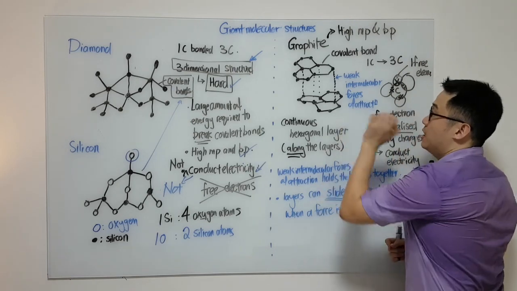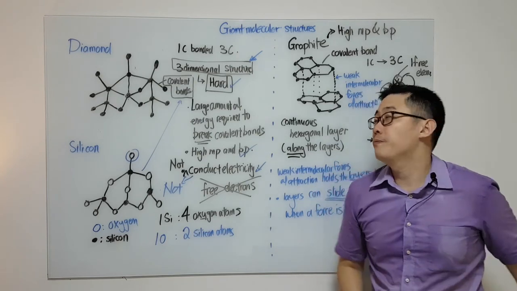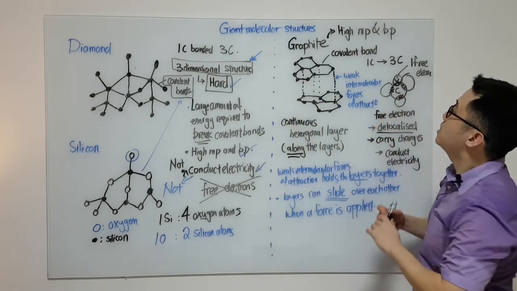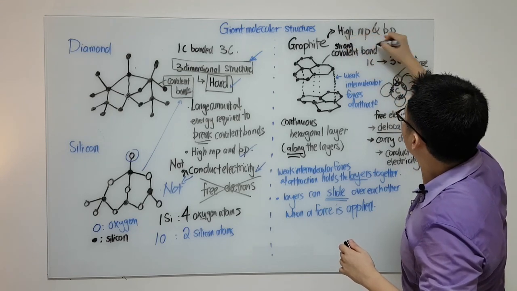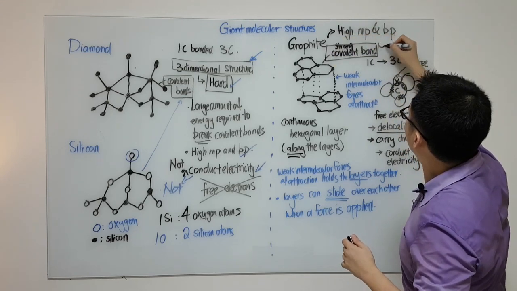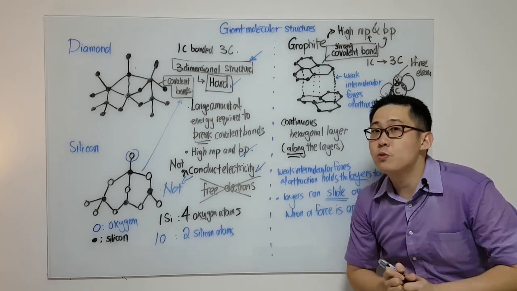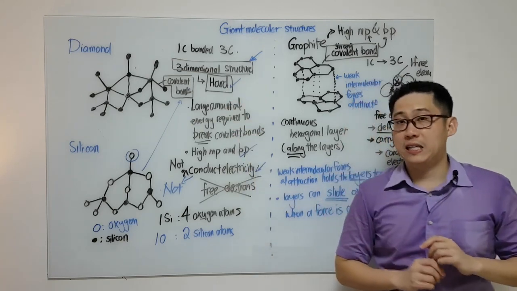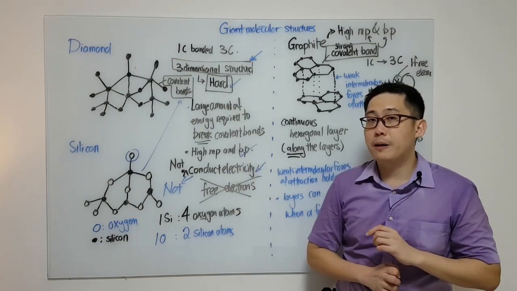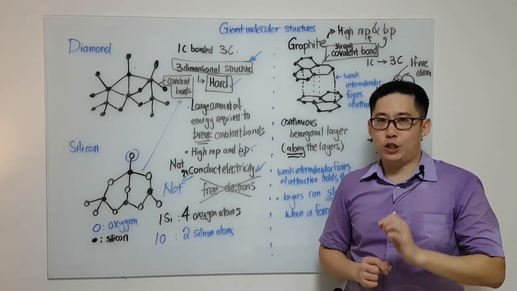Although it has weak intermolecular forces of attraction, during melting and boiling, we actually need to break these strong covalent bonds. So as a result of this, your graphite, similar to your diamond and your silicon, will have a high melting and boiling point. And this is your section point 2.